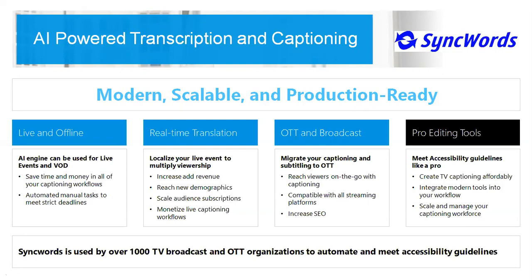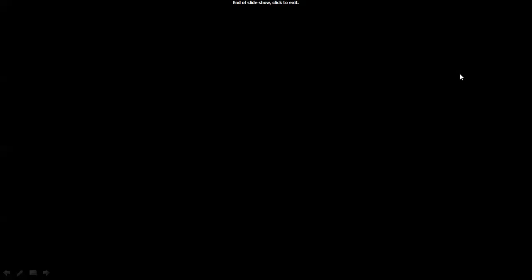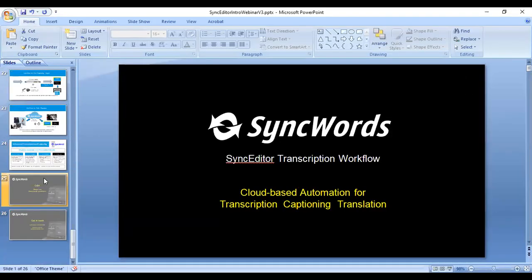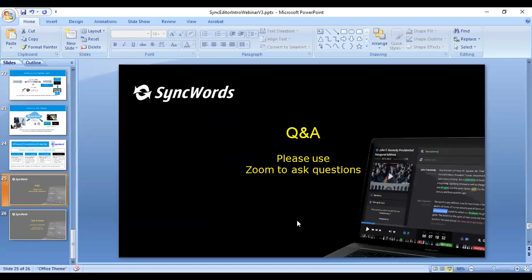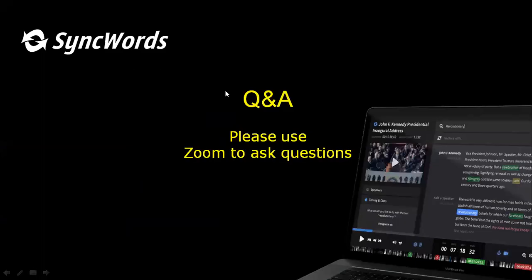So we definitely invite you to try this solution. Now we're going to go into questions and answers. Let's look at your questions and see if we can help you.